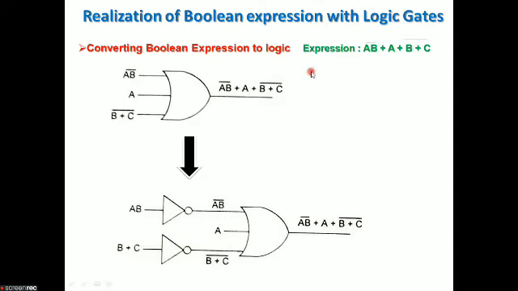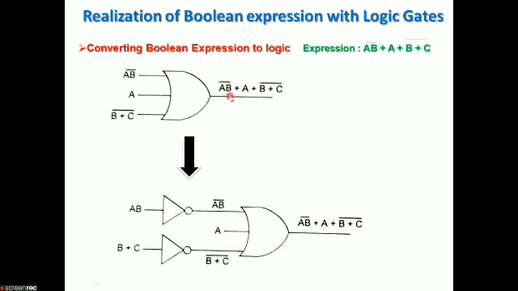The easiest way to convert a Boolean expression to a logic circuit is to start from the output and walk towards the input. This expression has to be realized using the AOI logic, that is AND, OR and inverter logic.